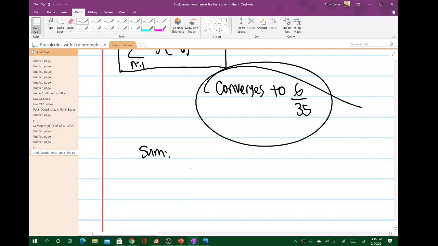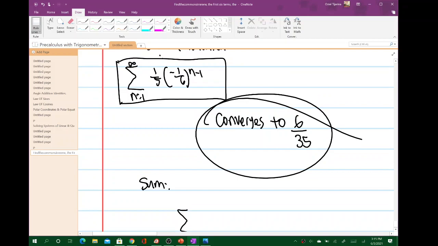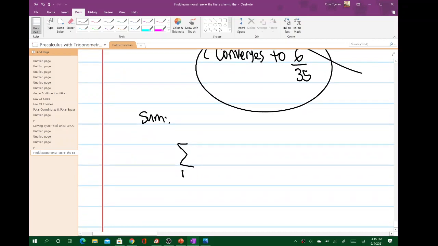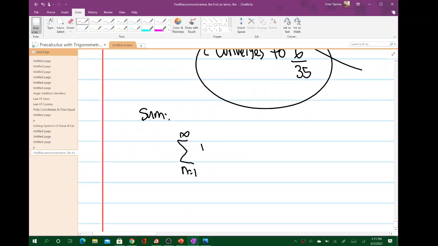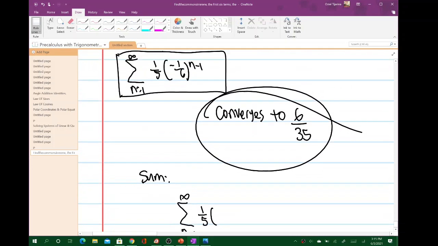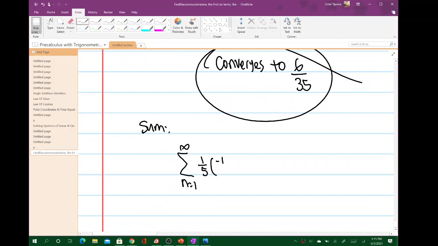Don't just include the formula of the sigma notation, but also include the result of it, equals 6 over 35.